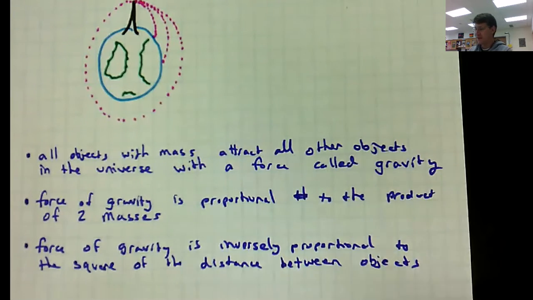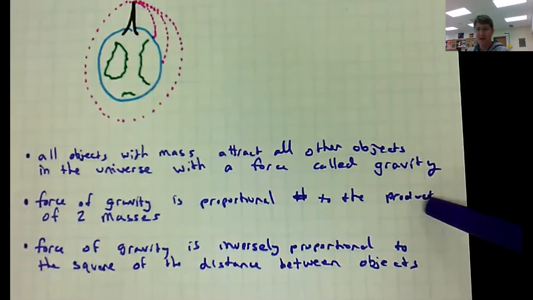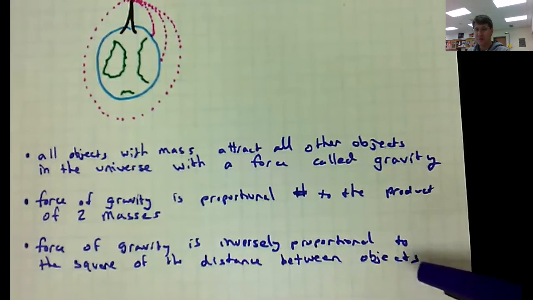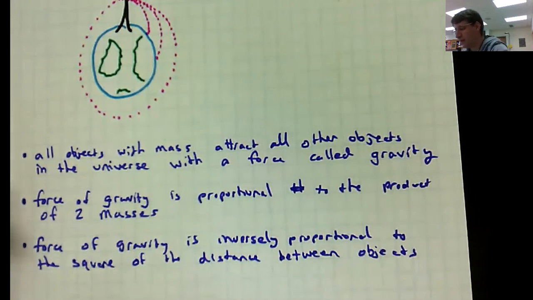So basically what does this say? This says if you've got objects that have more mass, you have more gravity. If you have objects that are closer together, you have more gravity, right? So the further apart things are, the less gravity there is.